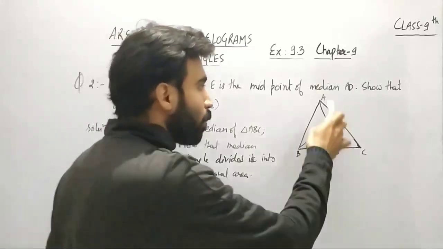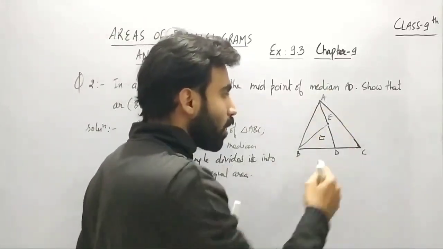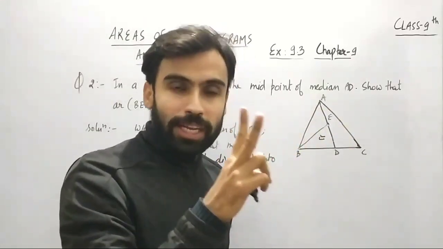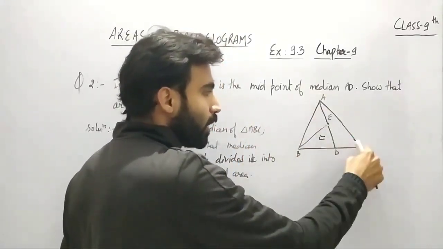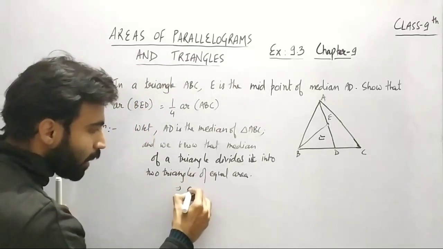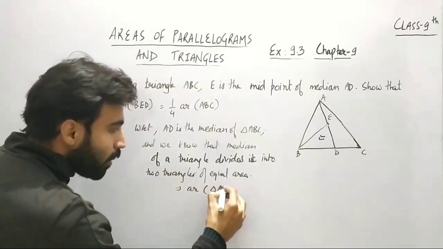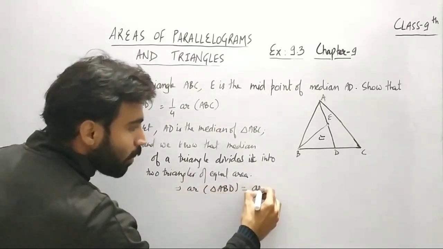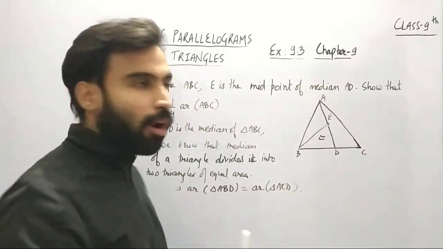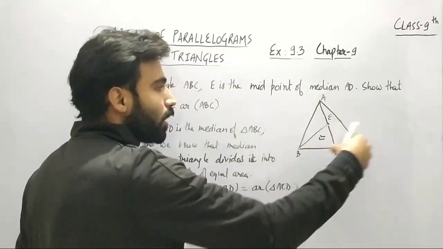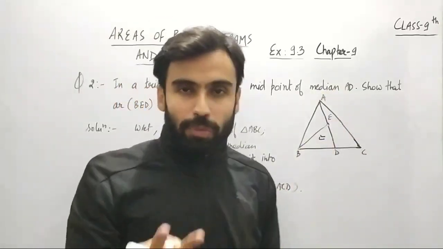So ये हमें पता है कि जो मीडियन है वो इस ABC ट्राइंगल को दो इक्वल एरिया वाले ट्राइंगल्स में डिवाइड करेगी. सो दैट इज ABD एंड ACD. सो दिस इंप्लाइज, यू कैन सी एरिया ऑफ ट्राइंगल ABD is equal to area of triangle ACD. So this is the conclusion that we got from that the median divides it into two equal area triangles, right?